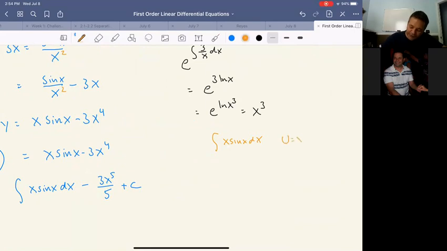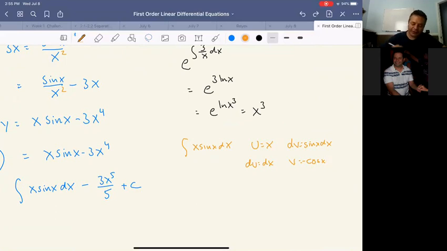So u equals x, dv equals sine x dx, du equals dx, v equals negative cosine x.